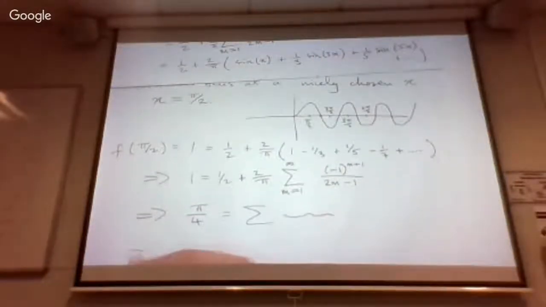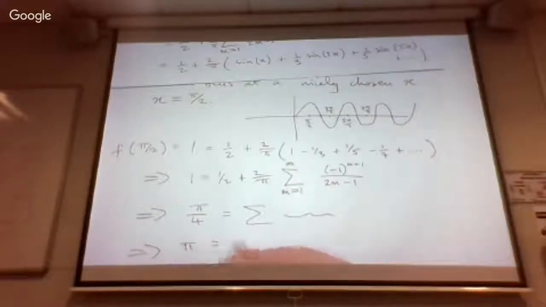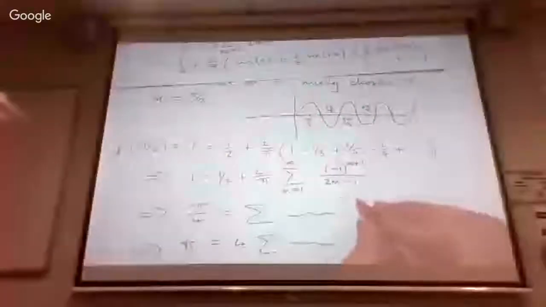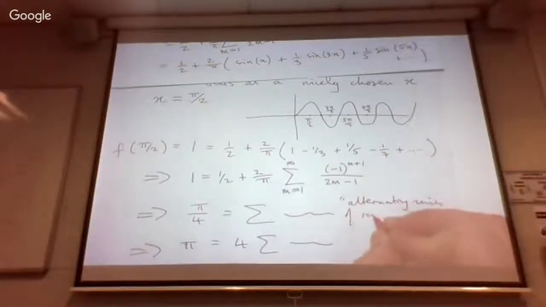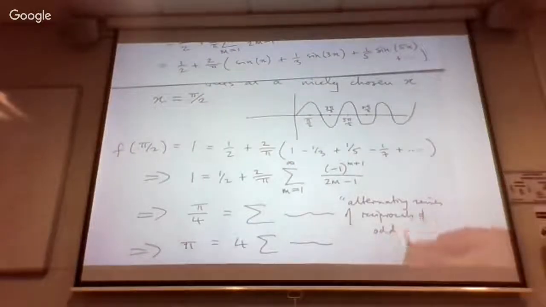Or if you like, that pi is 4 times that sum. So this sum is the alternating series of the reciprocals of the odd primes.